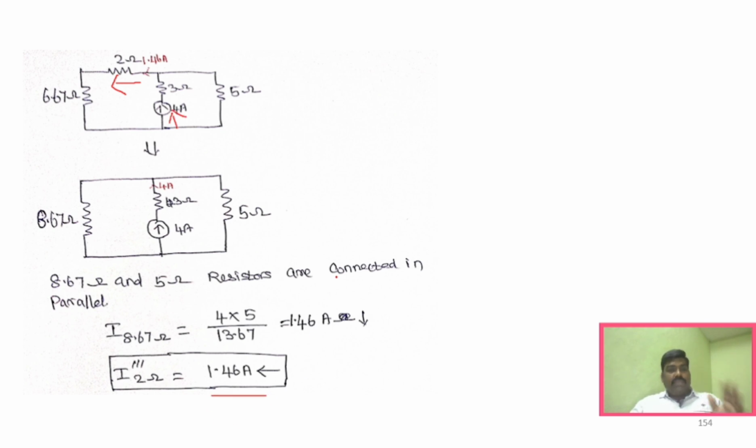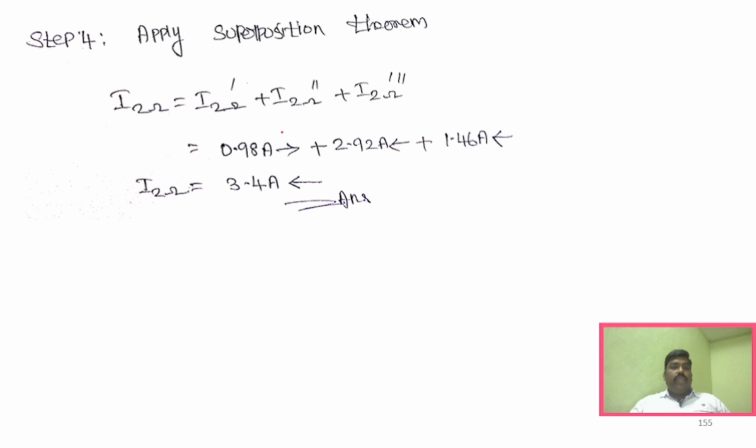So it is the same steps, and right now we have found out the current across all three sources, right? So now we know that for the first voltage source, the direction of current is this side, and for this current source, it will be towards the particular resistor, and also the voltage source is towards the resistor, right?